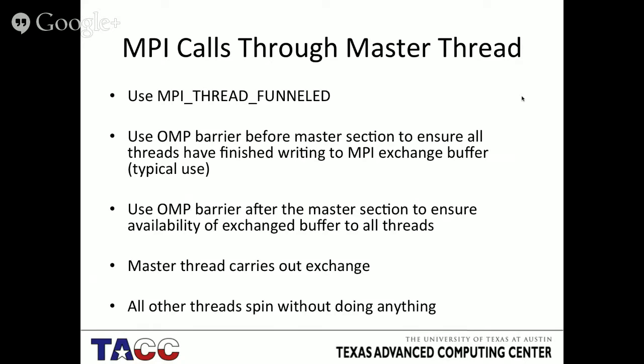All the MPI calls are going to be made outside those parallel regions. And outside those parallel regions, if you remember how OpenMP works, OpenMP essentially starts with a master thread. When it hits a parallel region, it forks a series of threads. When it finishes the parallel region, it collapses them and continues with a single thread. So it's only from that single master thread that I'm going to make MPI calls.